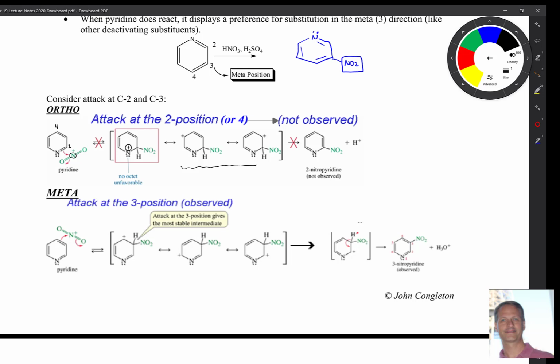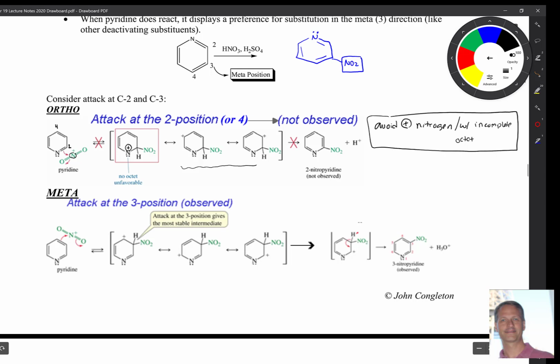Now, what we would like to do here is avoid having a plus charge on nitrogen. It turns out that the plus charge on nitrogen is not necessarily a bad thing, but a plus charge with an incomplete octet is a bad situation for nitrogen.